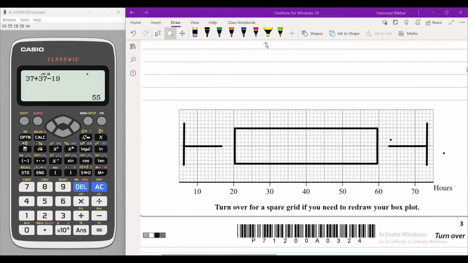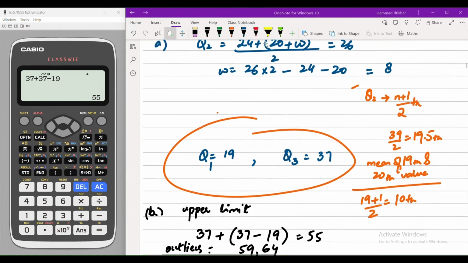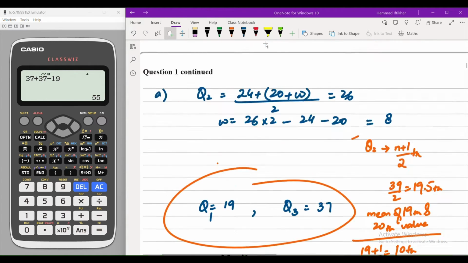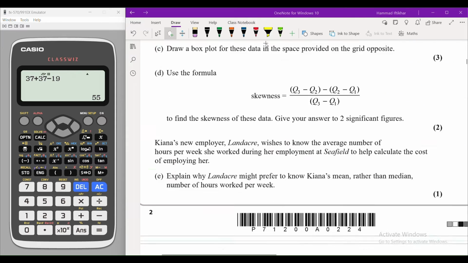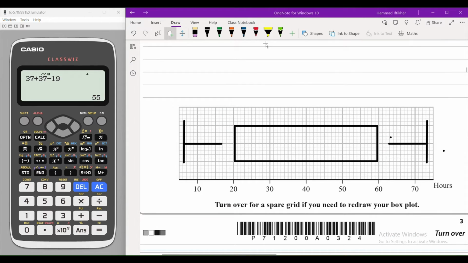I've drawn the boxes, but I haven't adjusted them because let's find out what the minimum is. The minimum value is 14, so 14 is going to be somewhere right over here.